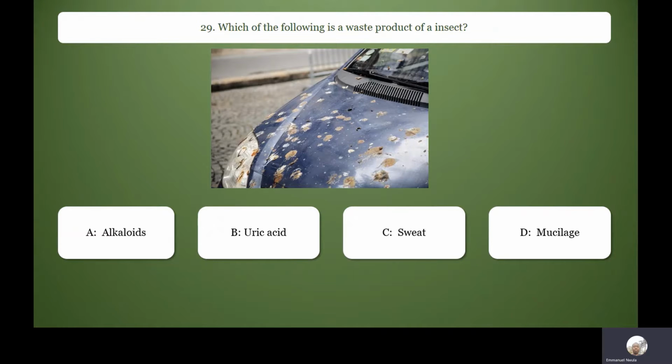This whitish looking feces on the body of the car. That whitish part is the uric acid. It can be released by insects, can be released by birds as part of their excretory waste.